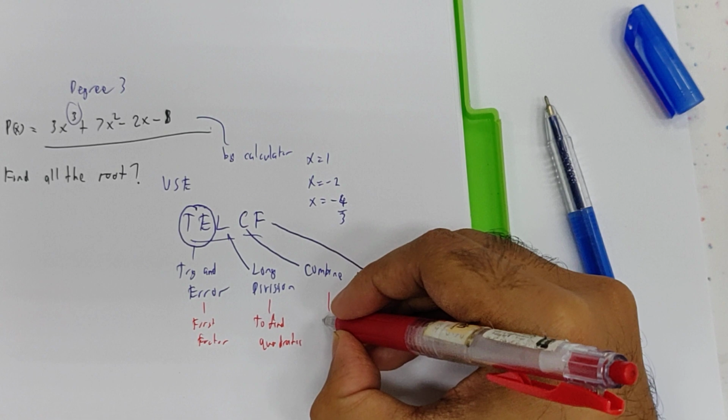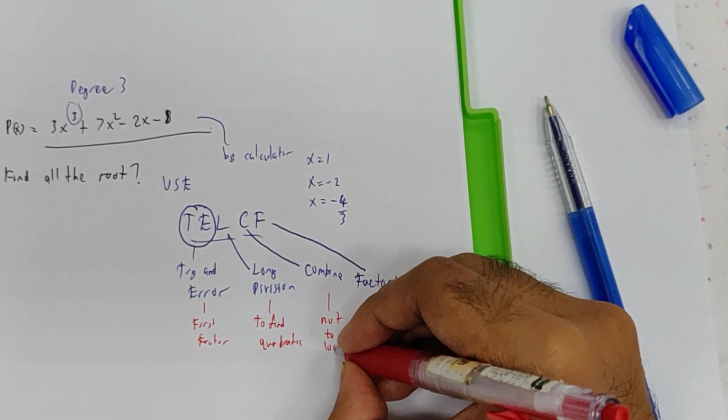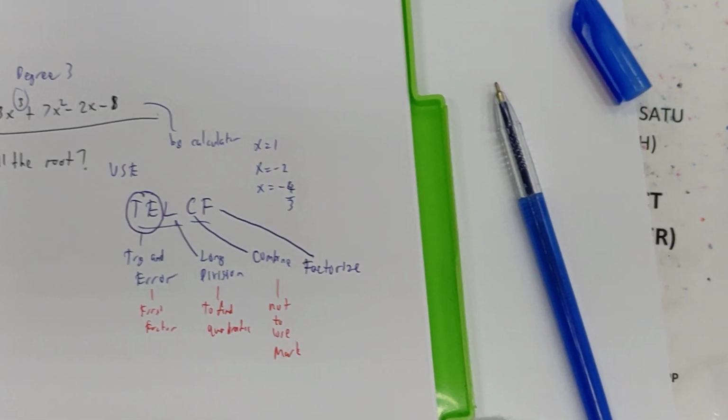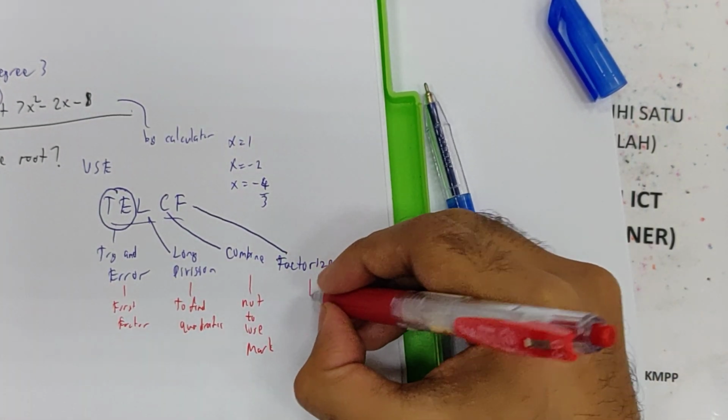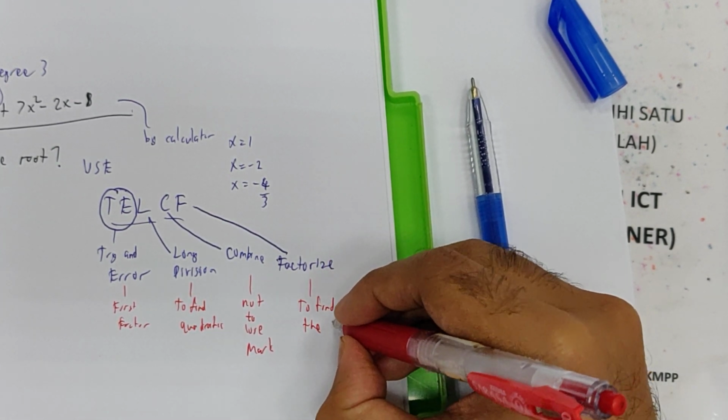You use combine because you don't want to lose marks. You use factorize to find the other two factors.